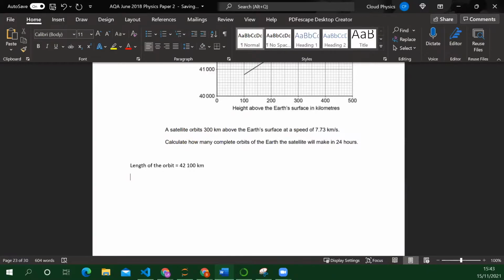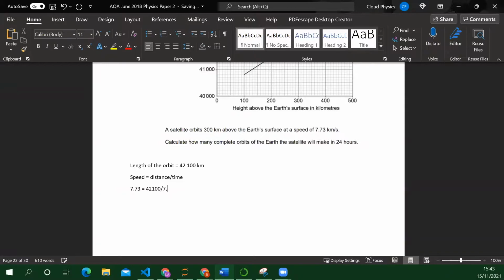Right, so let's look at how many complete orbits we're making. We've got speed, distance, and the time. So it's speed equals distance over time. We know speed, so it's 7.73 equals distance, 42,100. I keep thinking it's a radius, but it's not. That's why I keep pausing like that. It's not a radius.